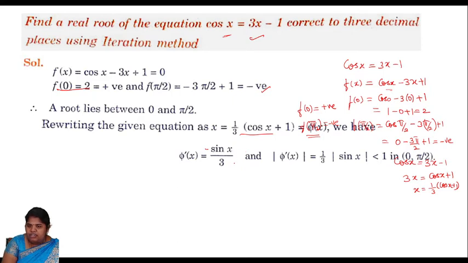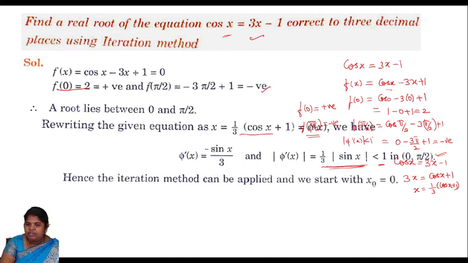Now take the modulus of phi dash of x. So the modulus of minus 1 by 3 sin x, minus becomes plus, is 1 by 3 modulus sin x. If we substitute any value between 0 and pi by 2 in this expression, we get a value less than 1. Therefore, modulus phi dash of x is less than 1, so we can apply the iteration method.